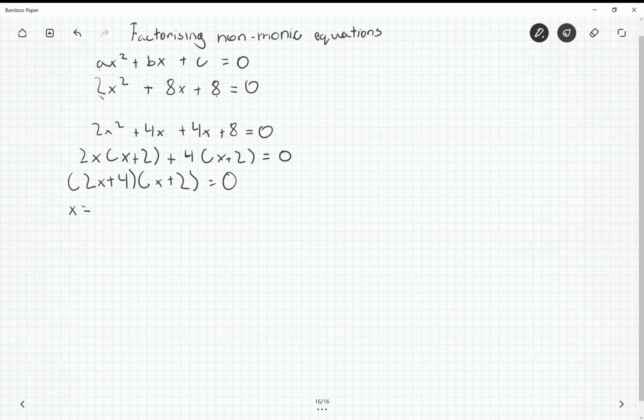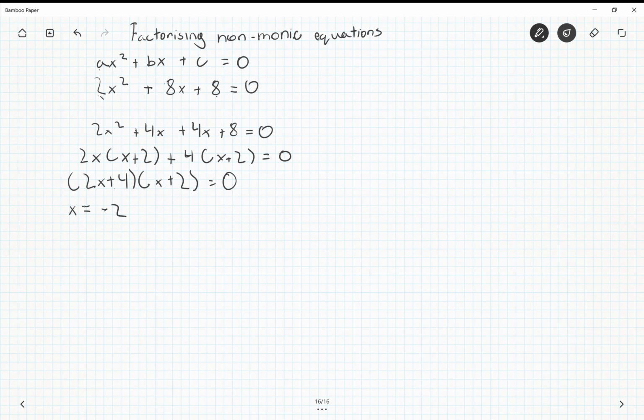We know that using the null factor law, either this term has to be 0 or this one. So if x plus 2 was to equal 0, then x would have to equal negative 2. Pretty simple. But now here, if 2x plus 4 has to equal 0, then x has to equal negative 2. And I'll show you why.